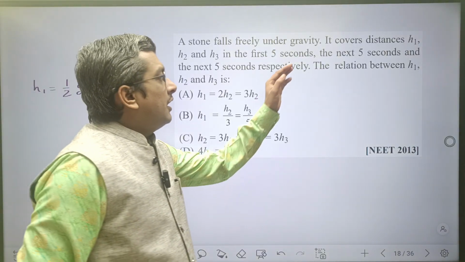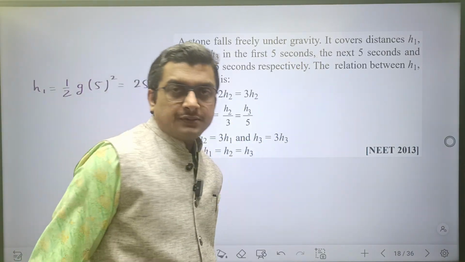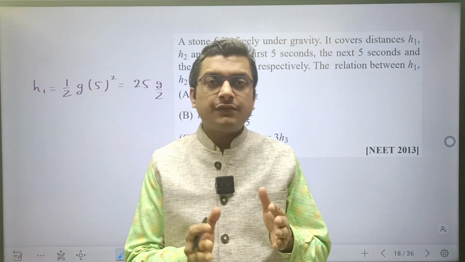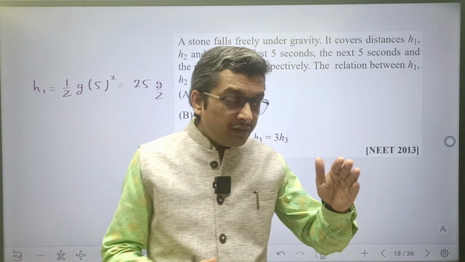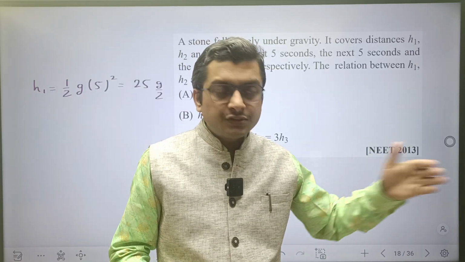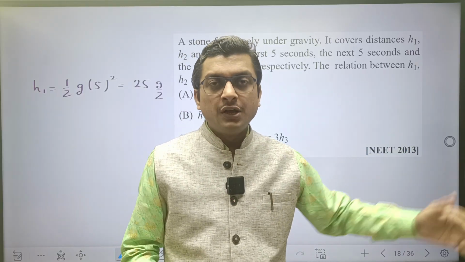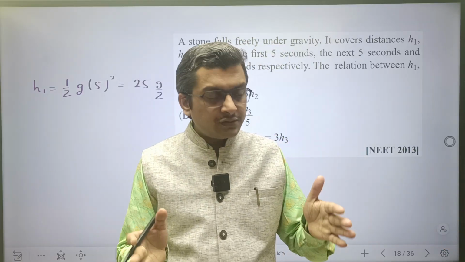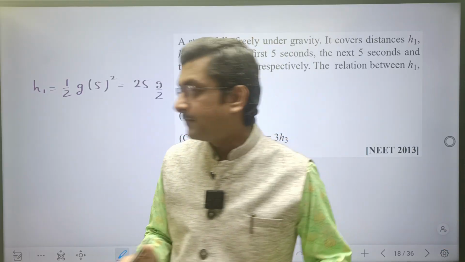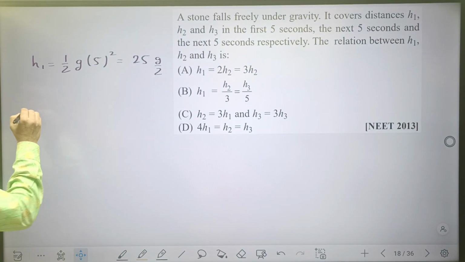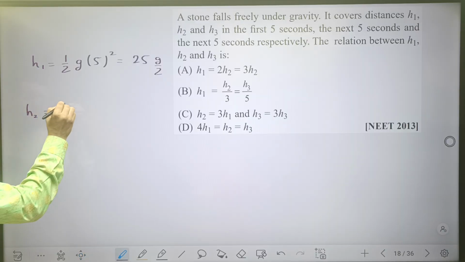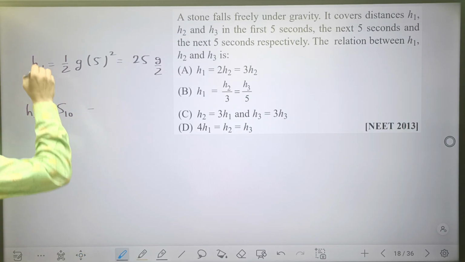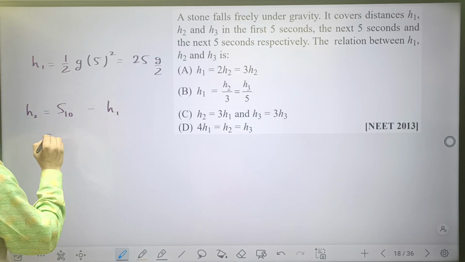Now, h1 is the distance it covers in the first 5 seconds. Then in the upcoming 5 seconds, it covers distance h2. So what is h2? It is the distance covered in the first 10 seconds minus the distance covered in the first 5 seconds, that is h1.